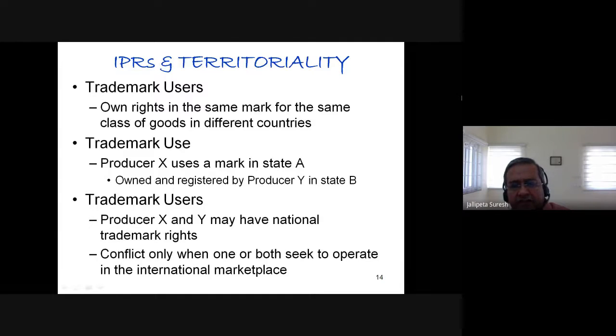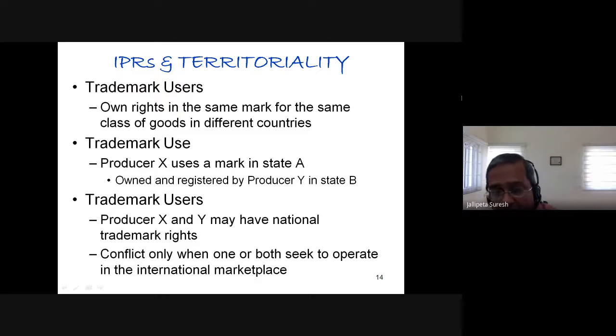Now let us look at another scenario. Conflict happens when one or both seek to operate in the international marketplace. Say state A, state B, and both would like to operate in a state, let us say, state D. So X and Y, having respective national trademarks, are going to operate in a single international marketplace, which is common to them.